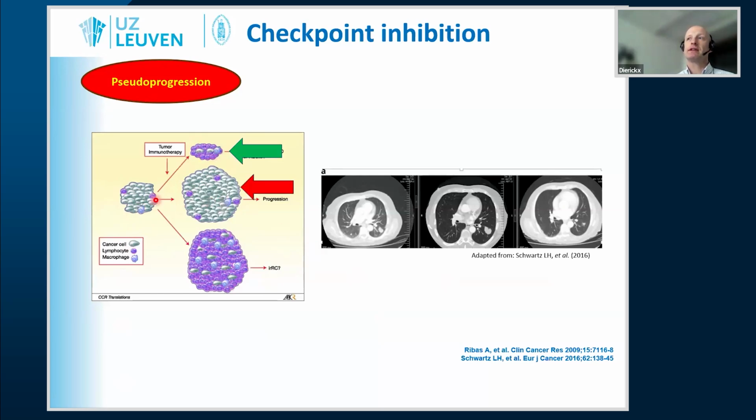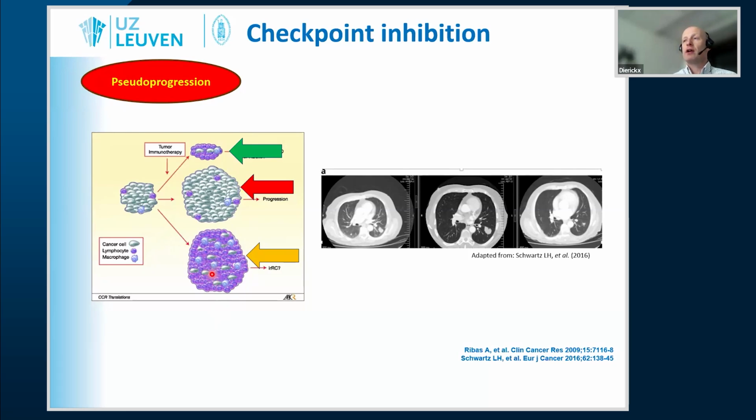This is what you don't want, that the tumor is growing. But this is what you often see with checkpoint inhibition. So you see apparently a growing of lymph nodes, and you think, oh no, the patient is progressing. But actually, it's an activation of the immune system, and you see a lymph node growing, but actually it's a responding lymph node.